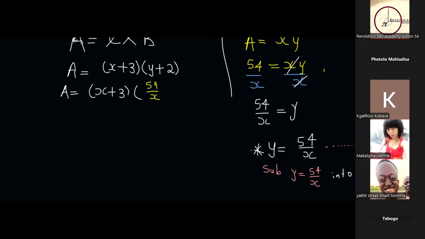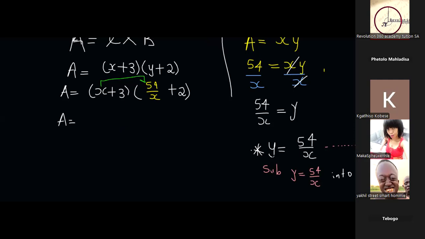Then after that, you now simplify it. So we're going to say area is equal to. When I'm saying you now simplify it, it basically means you're going to use the FOIL method. What is the FOIL method? Multiply first. Let me just look at the space where I can do a rough calculation.